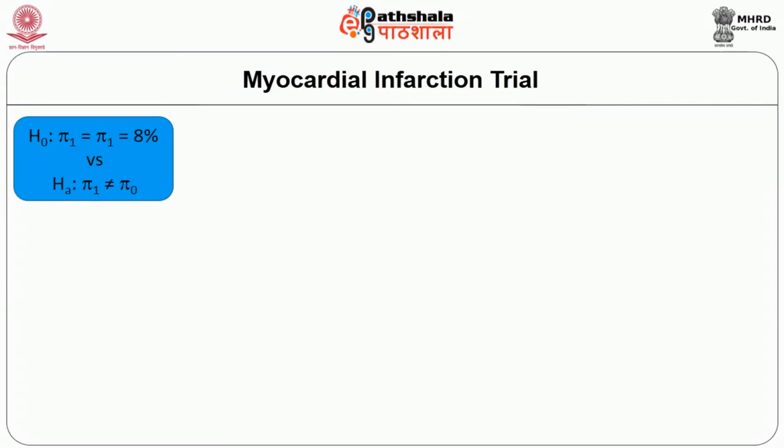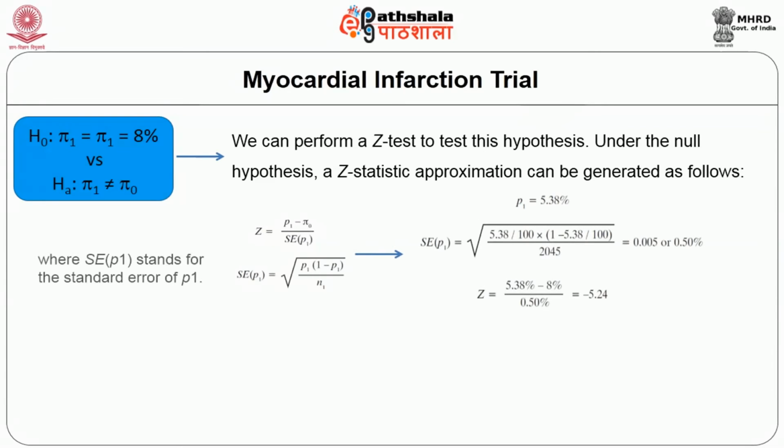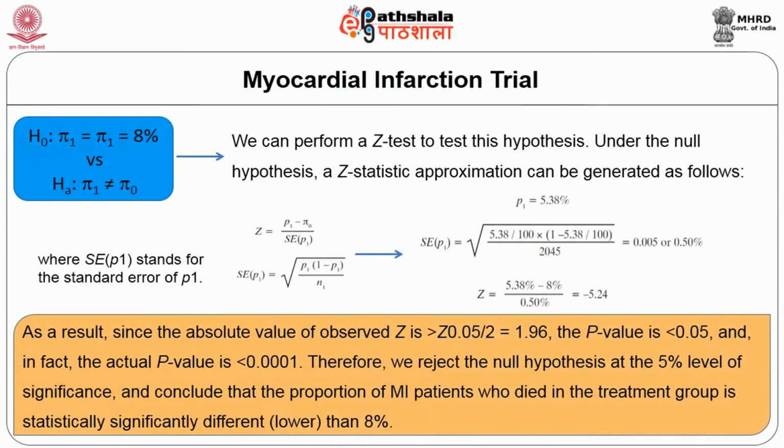You want to see whether this 5.38% is different from the 8%, which we do using a proportion t test or proportion Z test. The formula is: the prevalence of your group minus the given 8%, which we call the population prevalence, divided by the standard error of the prevalence.